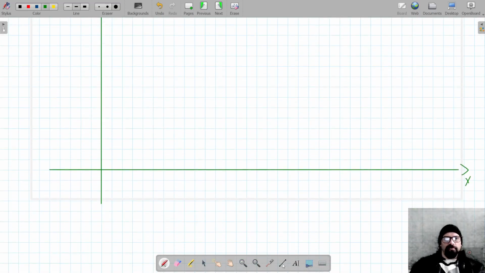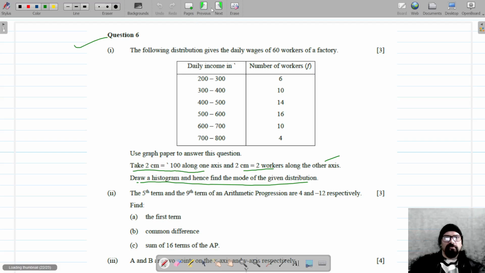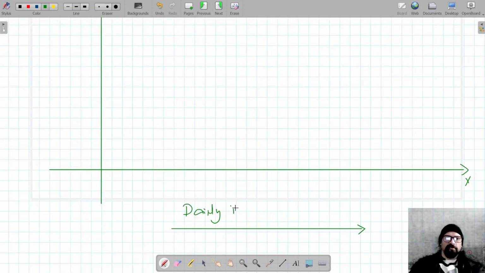And daily income in rupees is going to be considered along the x-axis. So that means the class intervals. This was daily income in rupees. This is 0, and I'm going to consider this as the 2 centimeters.